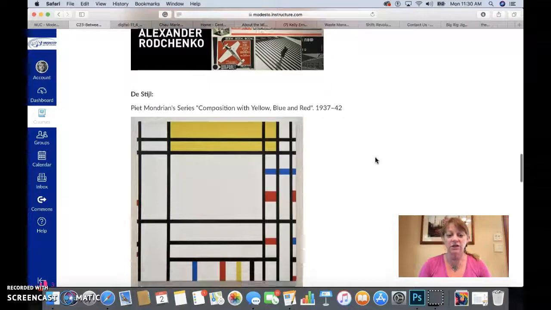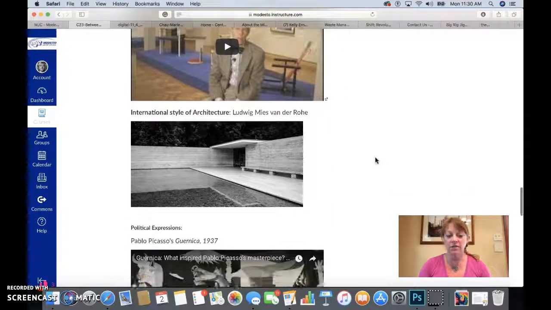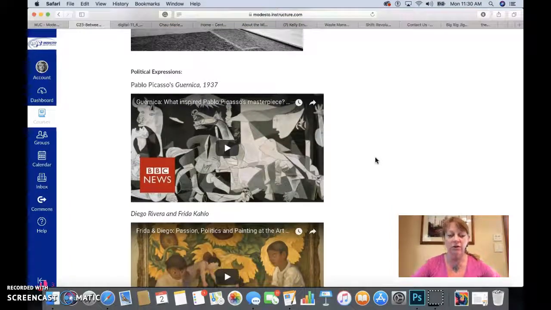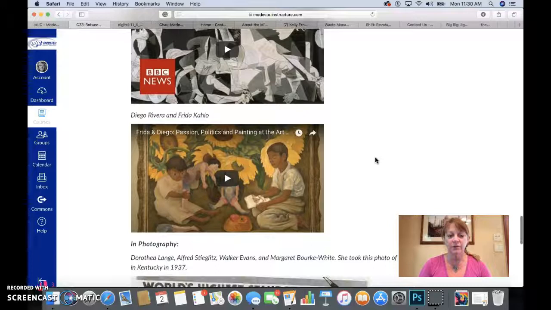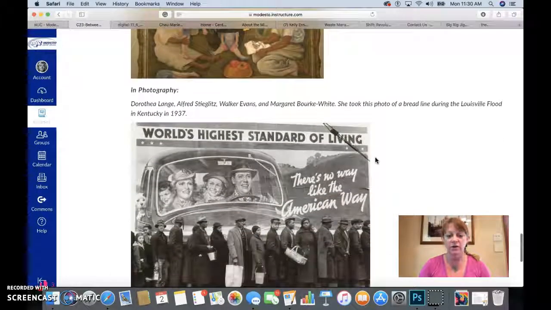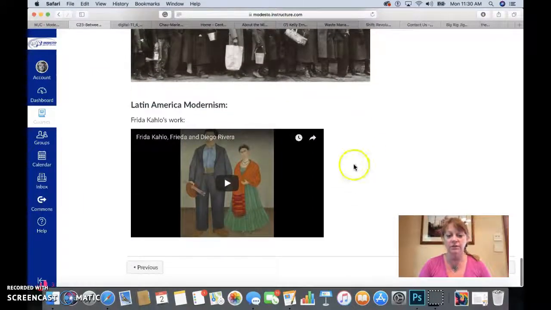De Stijl, and someone talking about that. Architecture, Picasso's Guernica, amazing piece of work. Frida and Diego, and then Latin American modernism. A little bit about Frida Kahlo together.